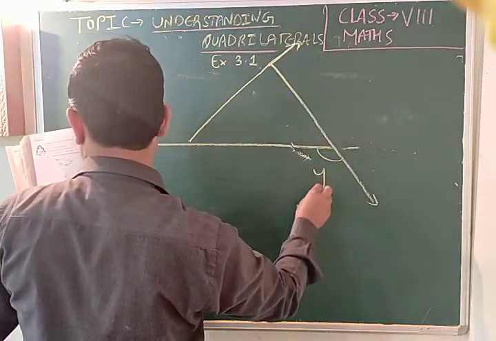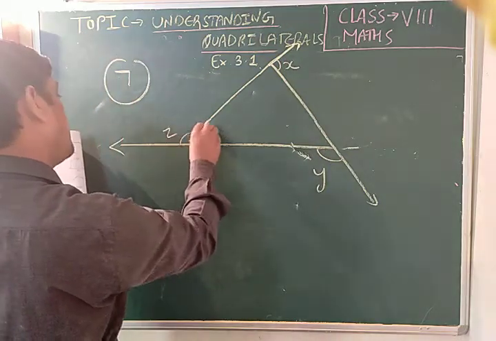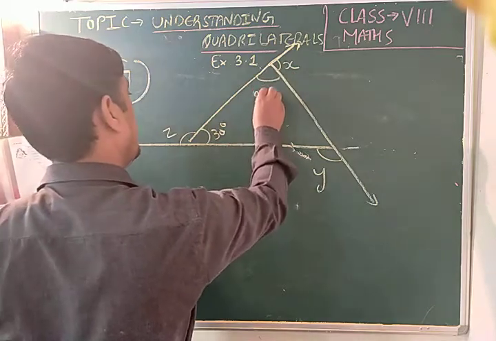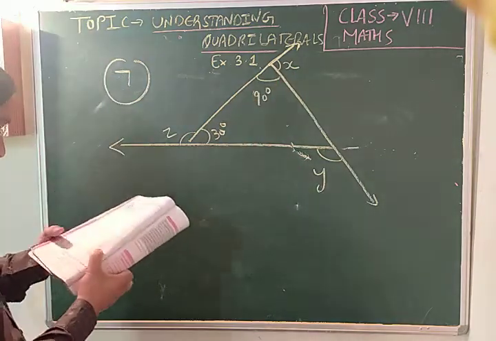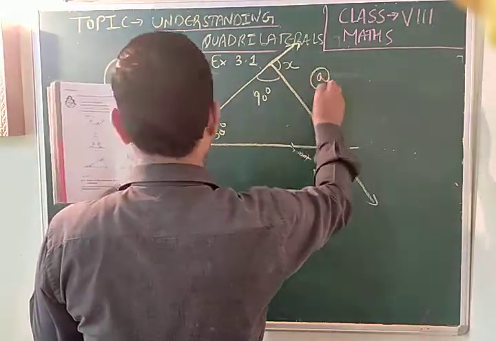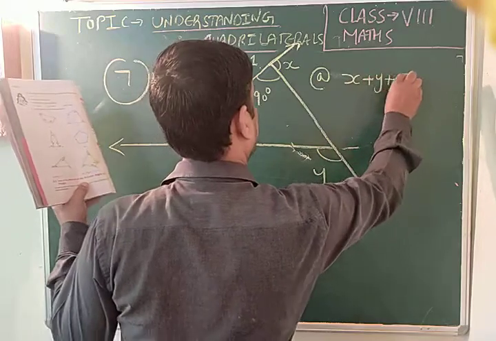This is y, this is x, this is z, this is 30 degree, this is 90 degree, this is 90 degree, and here what we will prove, we have to prove the sum of x plus y plus z.